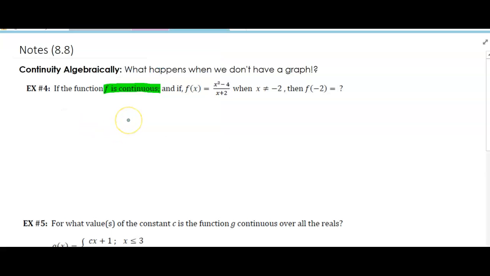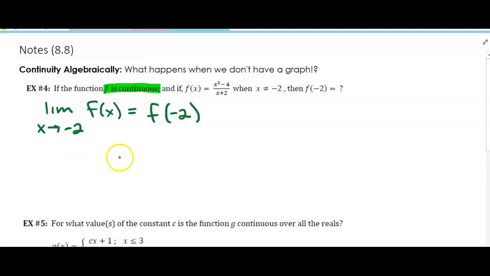Based on the definition of continuity, which we talked about the other day, if a function is continuous, that means that the limit as x approaches, in this case, negative 2 of this function is equal to the function value at that x value.